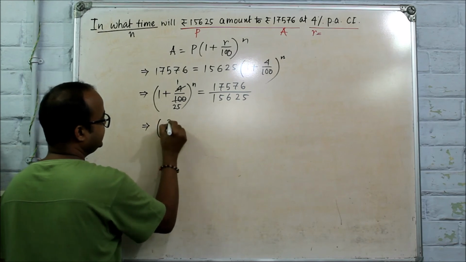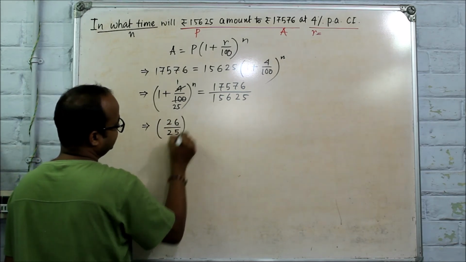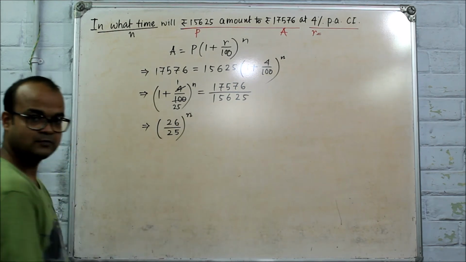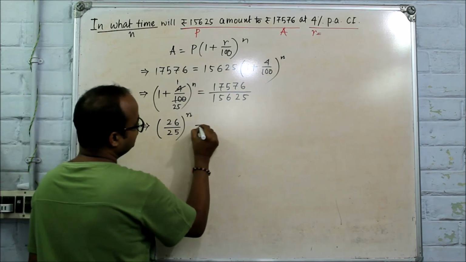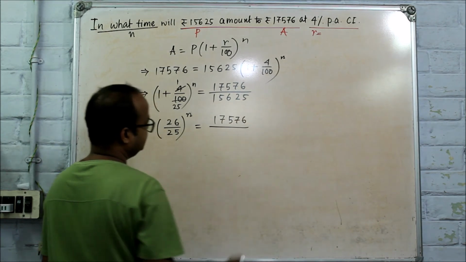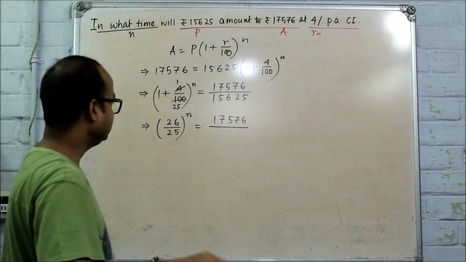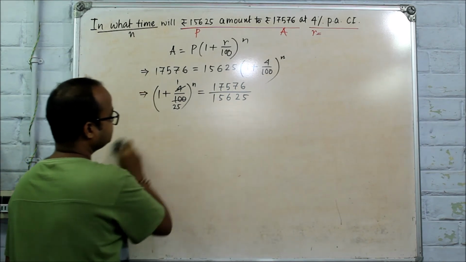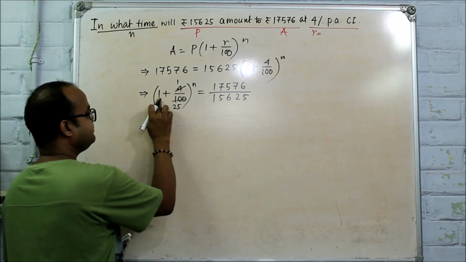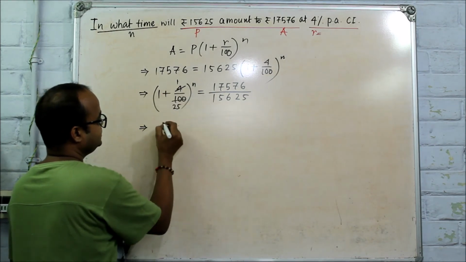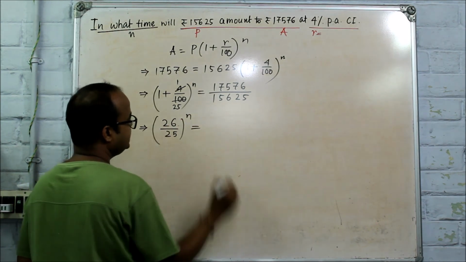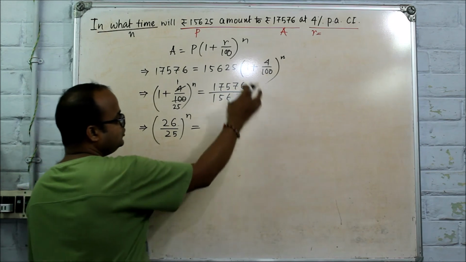So this can be written as (26/25)^n is equal to 17576 by 15625.